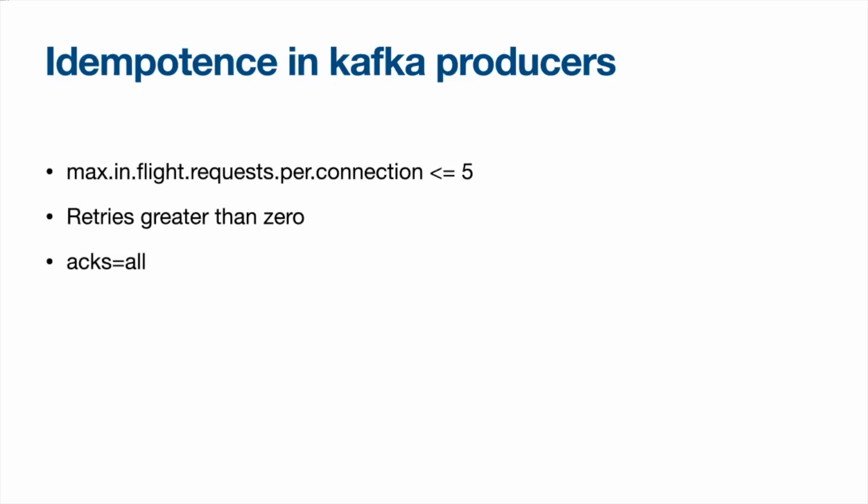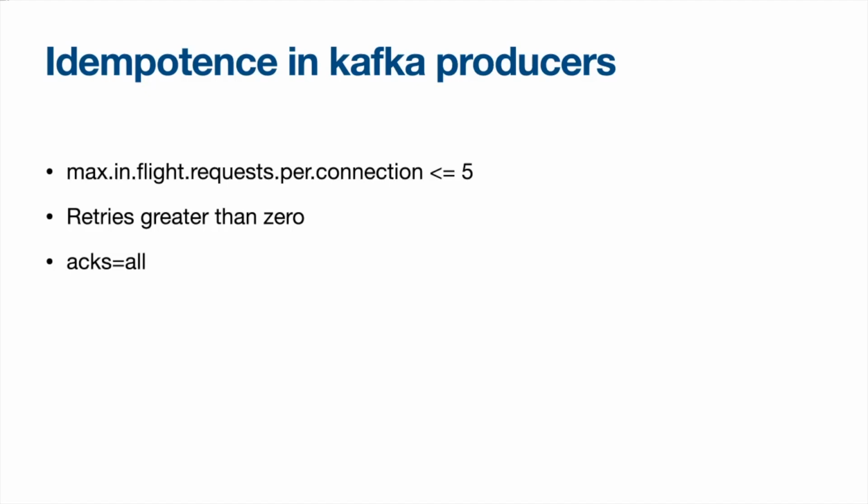Next one is idempotence in Kafka producers. So idempotence is used to build an exactly-once semantic system. What I mean by that is you want to write data into your Kafka topics, but you want to write them only once.